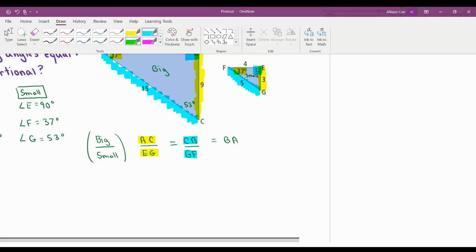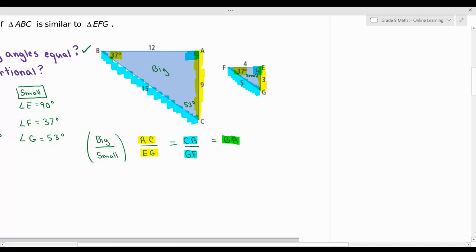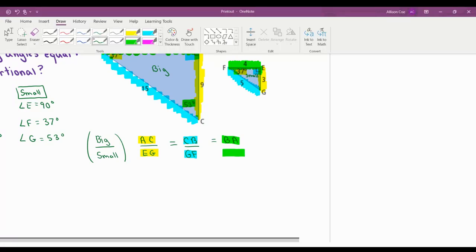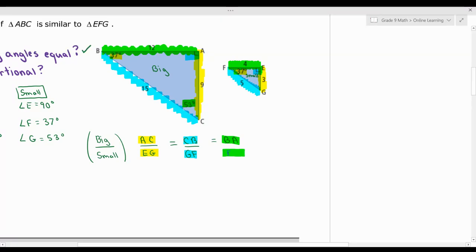And then the last one is green. So BA, going from B to A, that's opposite the 53. And I'm also out of angles anyways, so I only have one choice. On the small triangle, we figured out this was 53. We didn't label it, but this is 53, which means it's connecting to side FE. So then I'll put down here, this connects to FE.